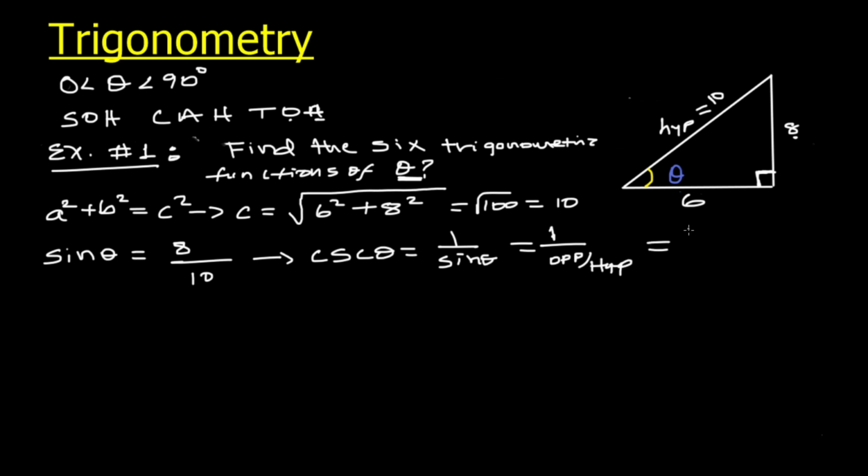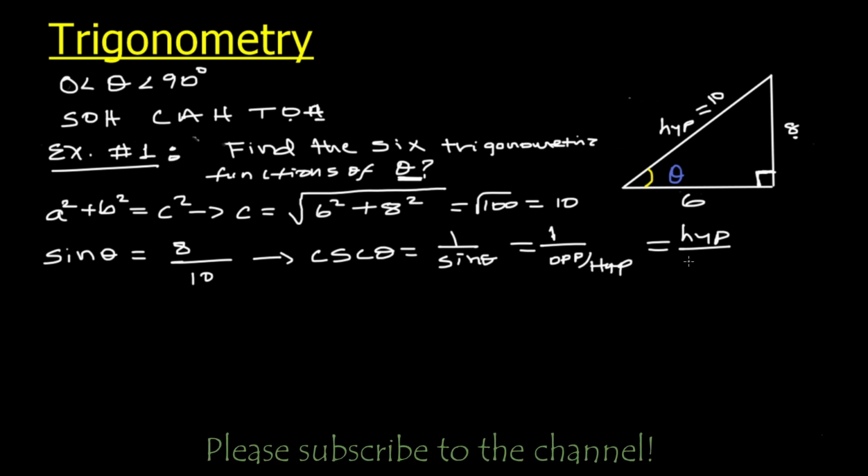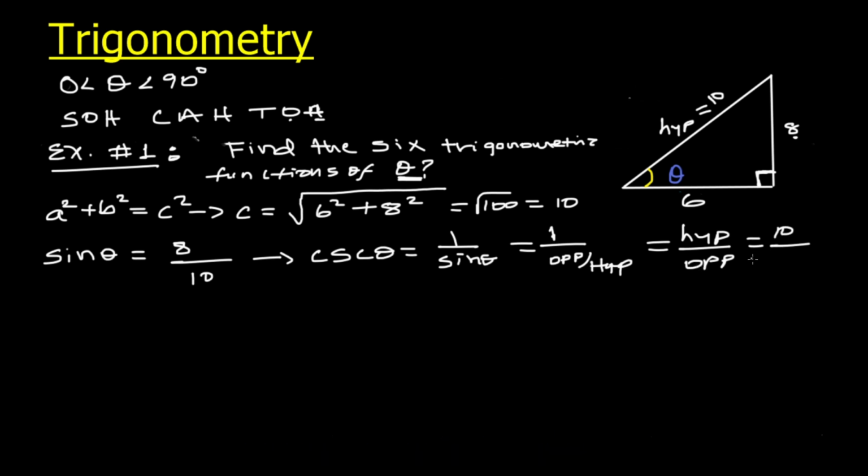This is basically the length of the hypotenuse side at the top divided by the length of the opposite side. What is the length of the hypotenuse? It's 10. What is the length of the opposite side? It's 8. So we solved two relationships.